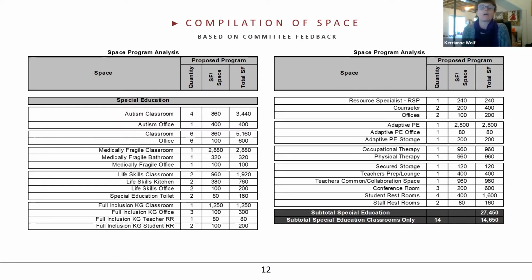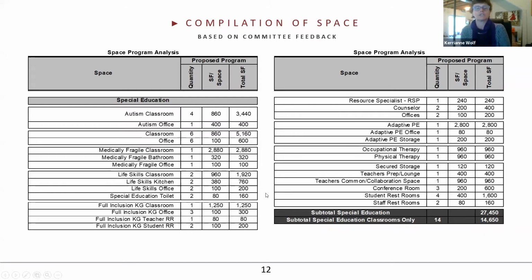In addition to that, we also have just what I would call high incidence special education classrooms. So there's 6 of those. And then all of the adjacent support spaces for each of those: offices, restrooms, or bathrooms. Generally, if you see the word bathroom, that indicates that there would be a shower. Generally, if you see the word restroom, it would indicate a space with a toilet and a sink.